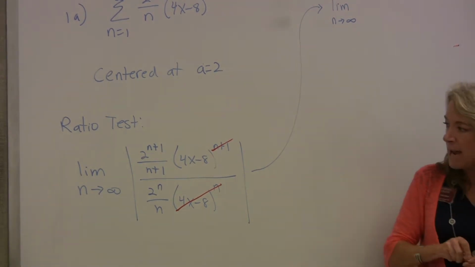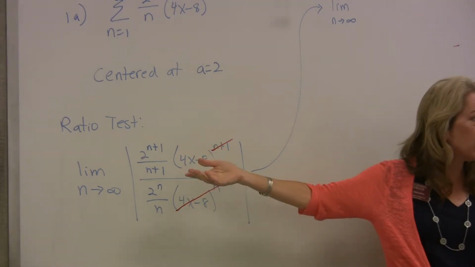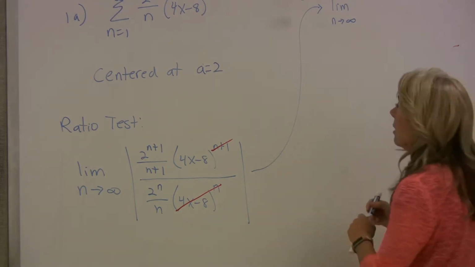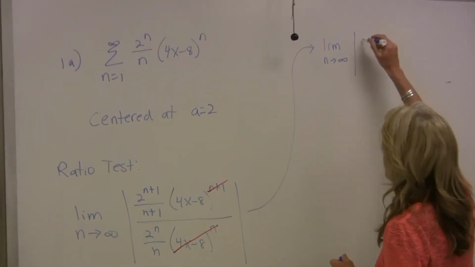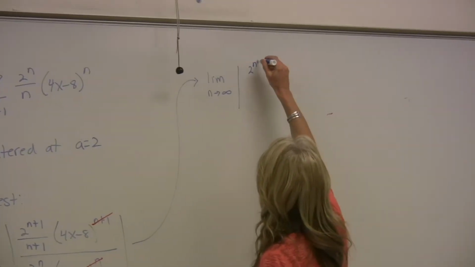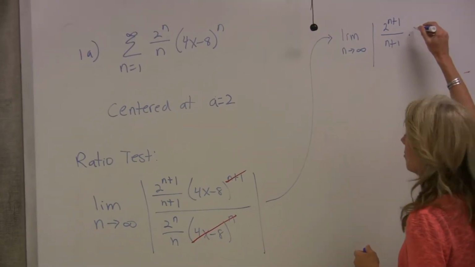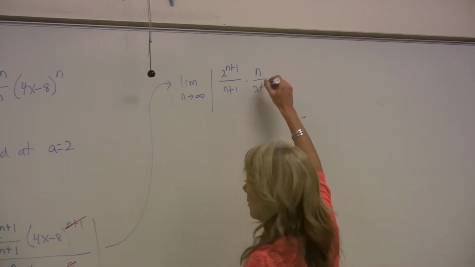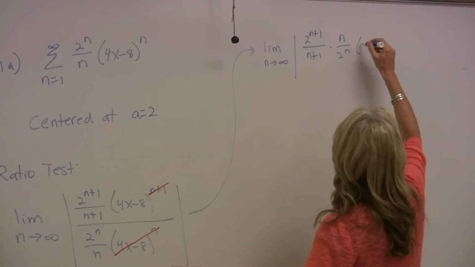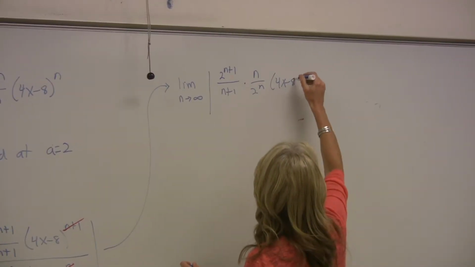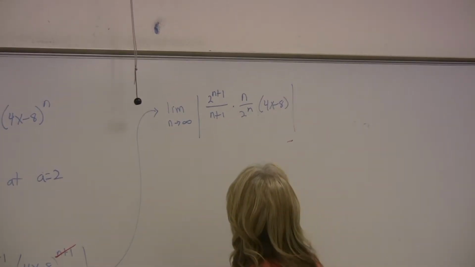And so I'm going to do that and flip over this bottom fraction as Joseph suggested to clean it up a bit. So that's the limit of 2 to the n plus 1 over n plus 1 times n over 2 to the n. That's flipping this one over. And I still have a 4x minus 8.